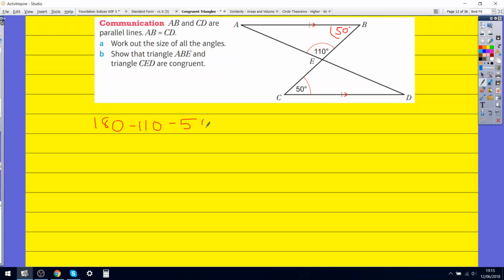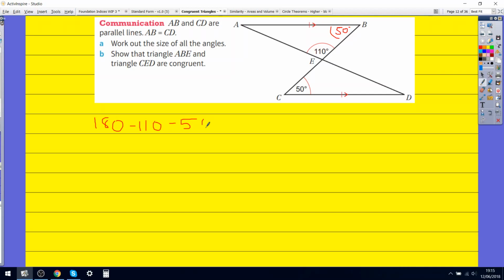So then the next angle, there's an angle that is just opposite to the 110. So that would be CED. That's also 110 degrees. What's that rule again called? Vertically opposite angles are equal.